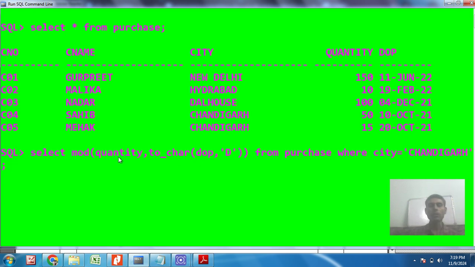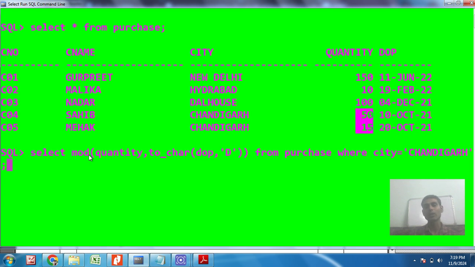MOD of quantity will return what? The total quantities are 50 and 15. MOD returns the remainder value. If I divide 50 by 5, what will be the remainder?